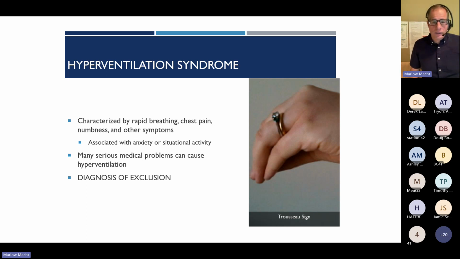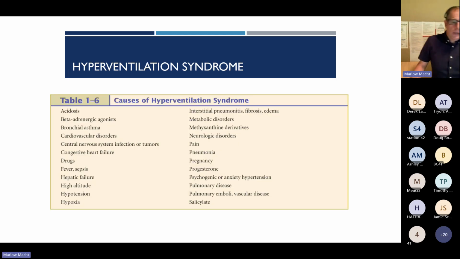It's fairly rare that I'll even give people that diagnosis in the emergency department, and that's typically after we've done a lot of work to exclude other potential causes. What are the other potential causes? Acidosis can cause hyperventilation. We can occasionally see that with sepsis in patients that have lactic acidosis.